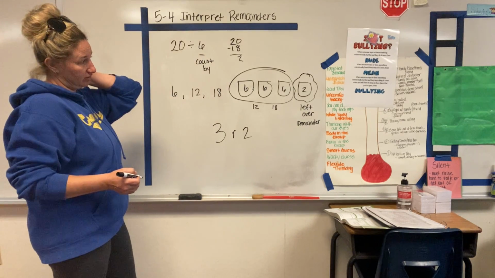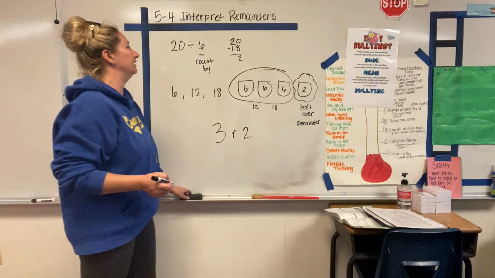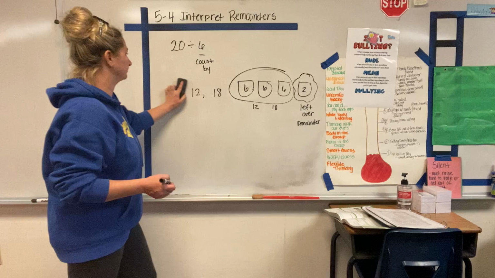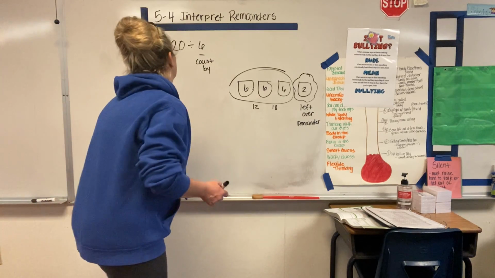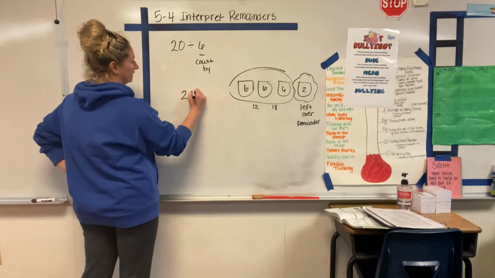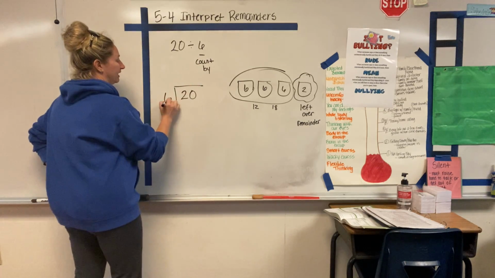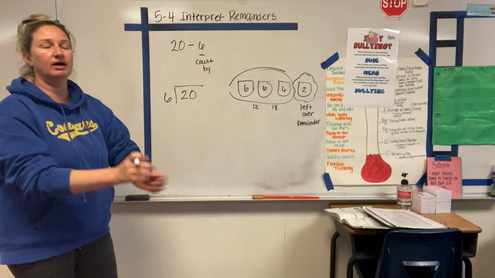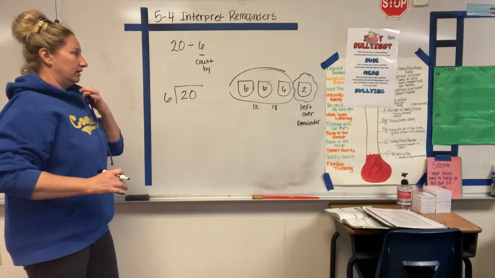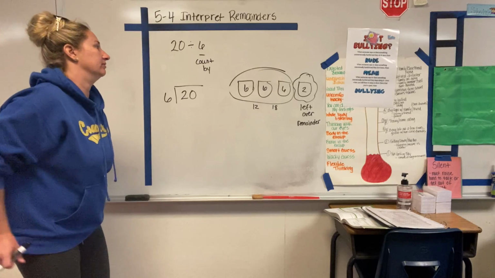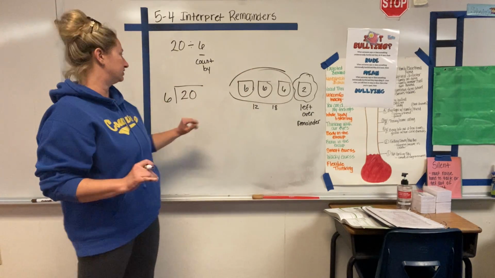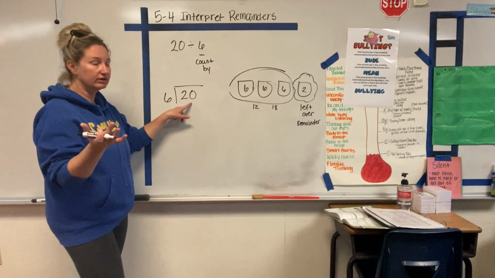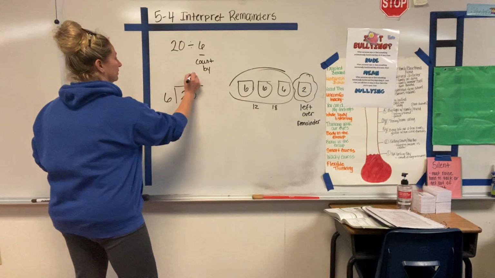So I want to show you though what that looks like just written as a division problem. Okay, so if I wrote 20 divided by 6 as a division problem, the way that you would do it mathematically, like the algorithm that you use, not drawing pictures, you would say how many times does 6 go into 20 without going over? 3 times.